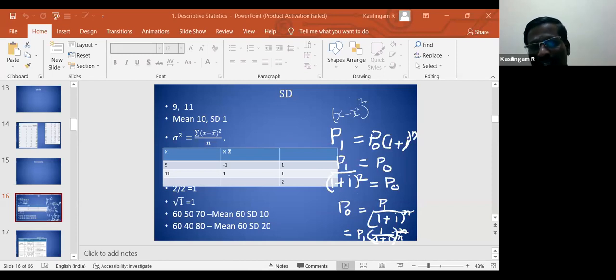When you take two variables, there are 10 different combination possibilities.